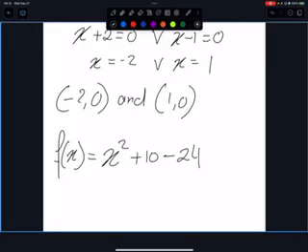Not possible. 2 times 12. 4 times 6. 3 times 8. So you have 4 different combinations: 1 and 24, 2 and 12, 4 and 6, and 3 and 8. Yes, because only one of them is correct.